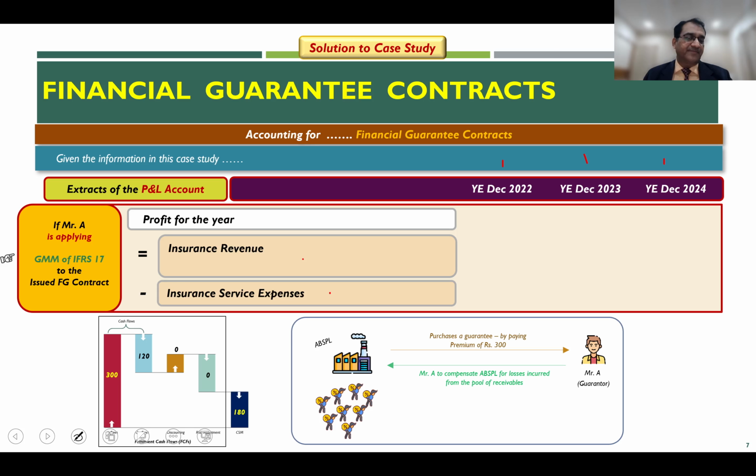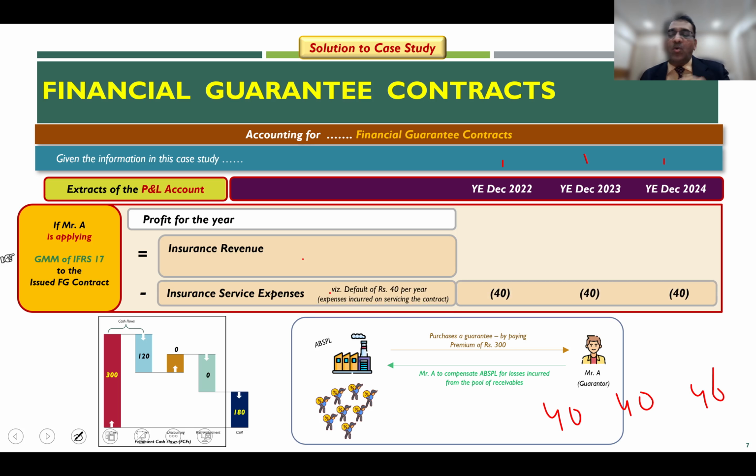For each of these 3 years, from an expense perspective, your expected and the actual cost is 40, 40, 40. That's a simple thing. So what are your expenses each year? It is 40 in each year. Default of 40 per year, expenses which are incurred on servicing the contract.